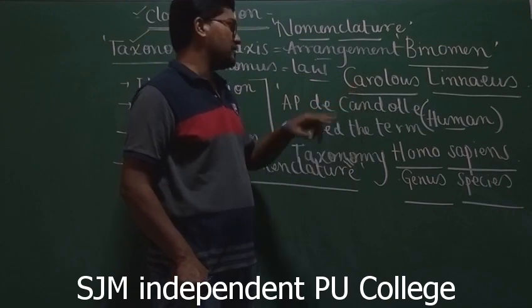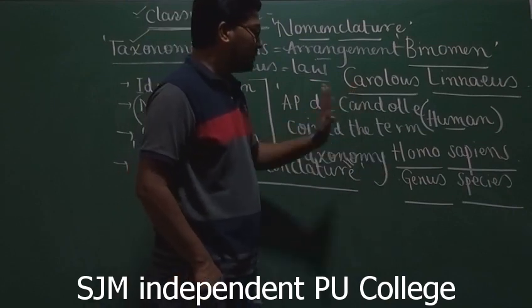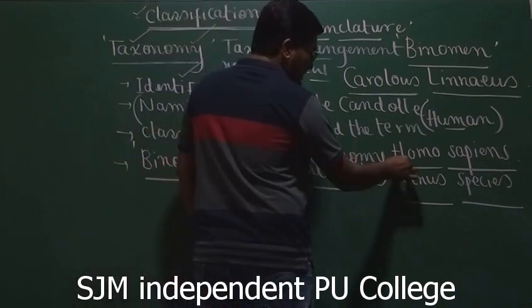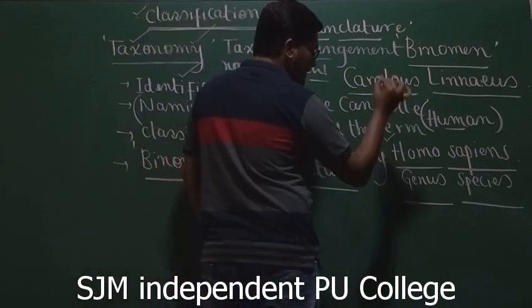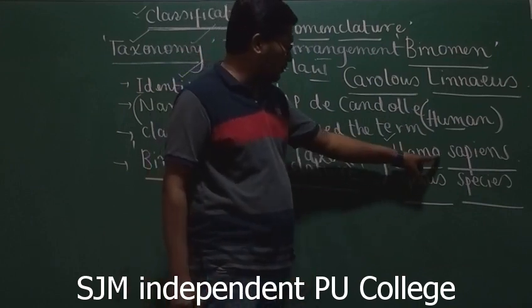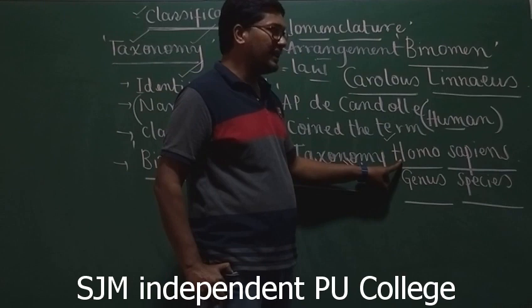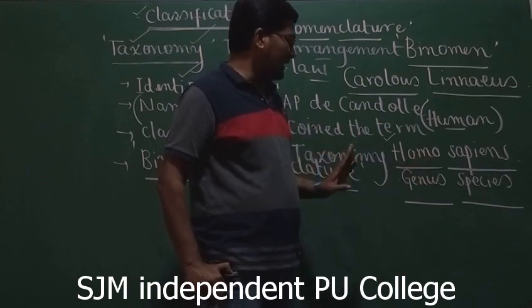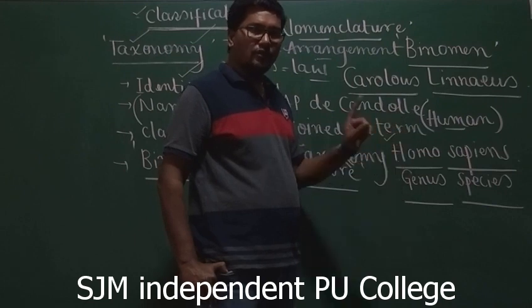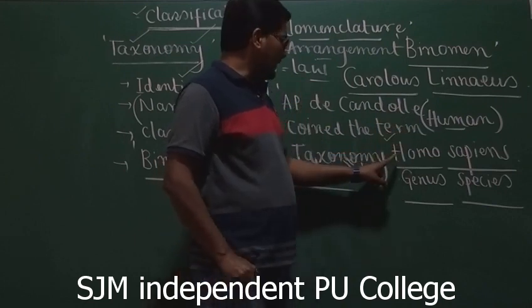And students also should remember, Carolus Linnaeus is popularly known as what? Father of taxonomy. Okay? And one more point you have to remember, in binomial nomenclature, the genus name always should start with a capital letter. That's why you see I have written in Homo, only H capital, remaining all small letters. Whenever we write the biological name of an organism, what rule do we have to follow?